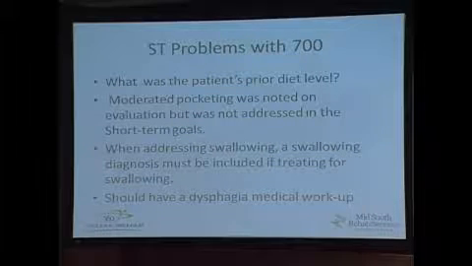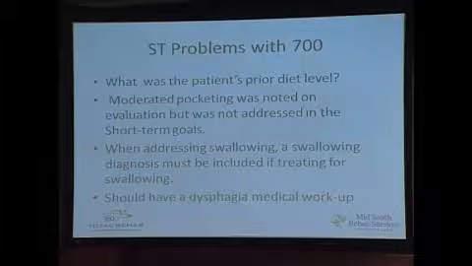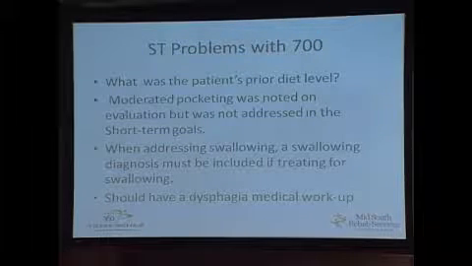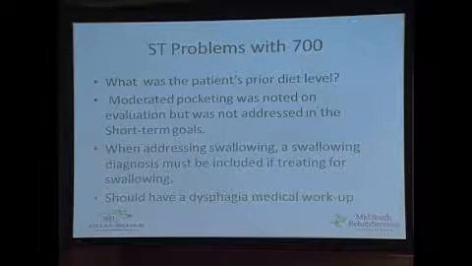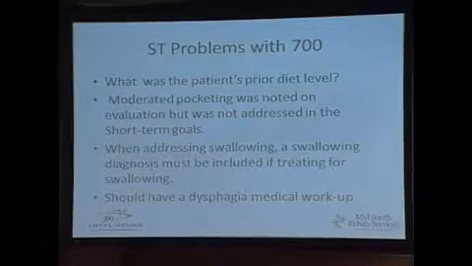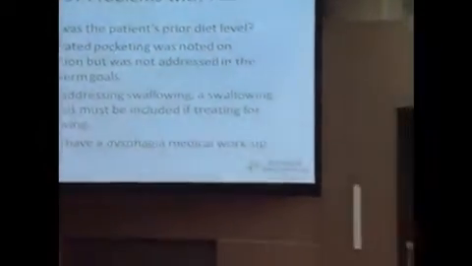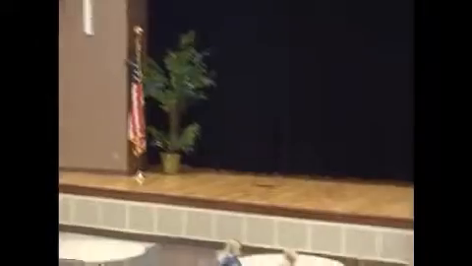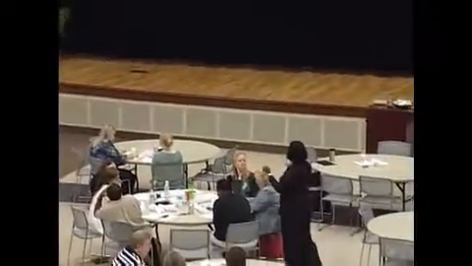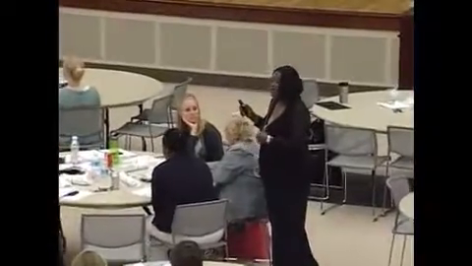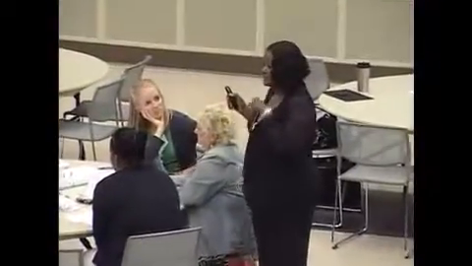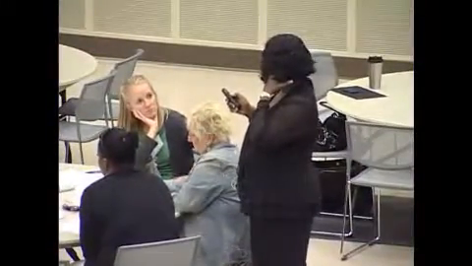Because a lot of times we see this, and you've noticed on this particular one for speech, this patient had a problem. But the speech pathologist didn't even develop a goal for swallowing. So even if it's one problem, you need to bill for a speech evaluation, a swallowing evaluation, and you should be treating. You need to establish a goal for that swallowing problem, and you need to bill it under swallowing treatment. Okay? You clear on that?